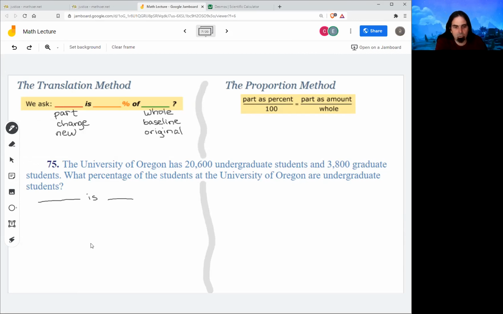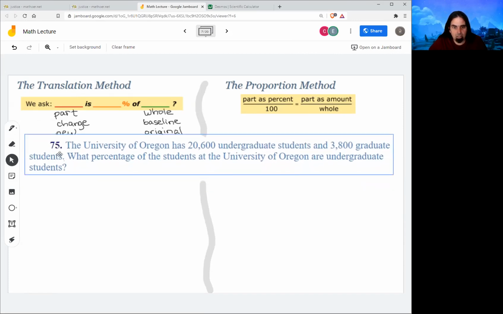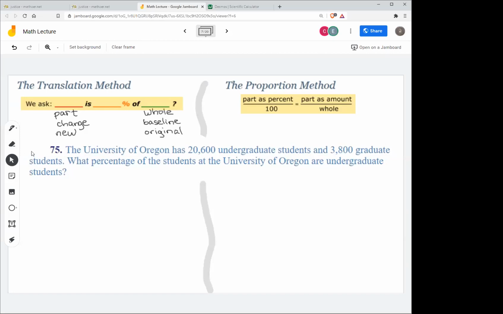Well, actually, I'm going to move this up more, which means I should erase that a little bit. Do you see where I am tricking you as I wrote this problem? Yeah.